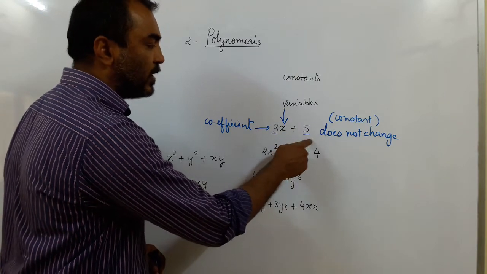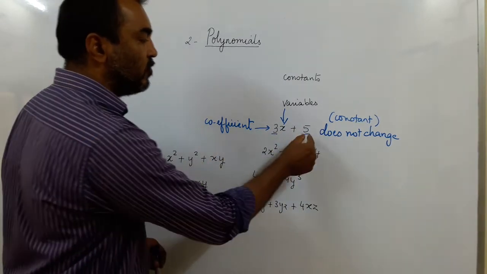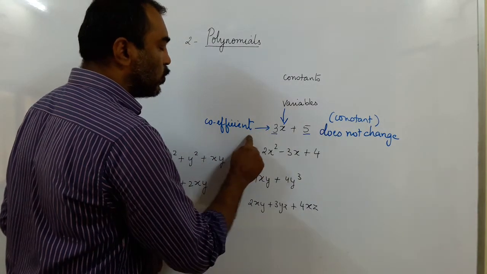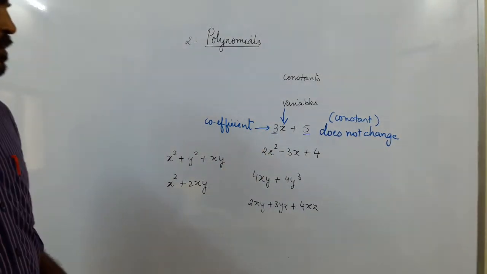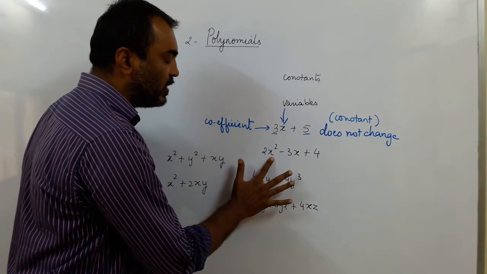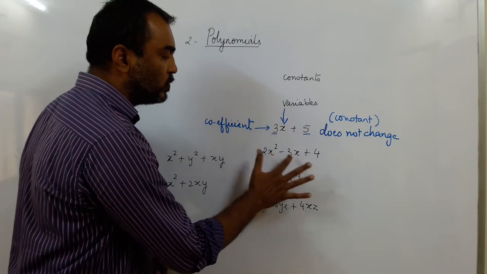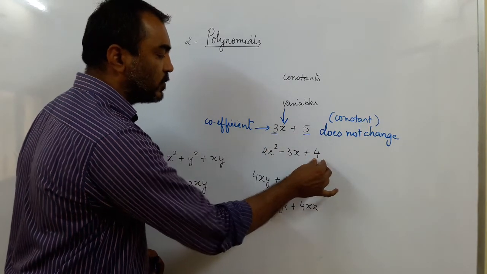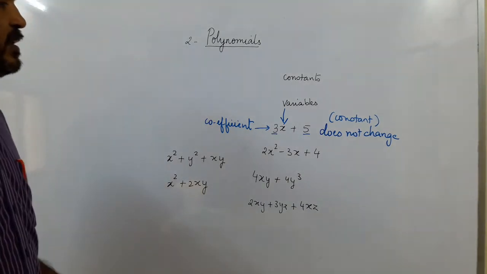Again, 3x plus 5 is the polynomial where 5 is the constant, x is the variable, and the coefficient is 3. Here we have 2x square minus 3x plus 4. So x is the variable whose degree is 2. Here x is the variable whose degree is 1. So this is the constant. So what will we say now?